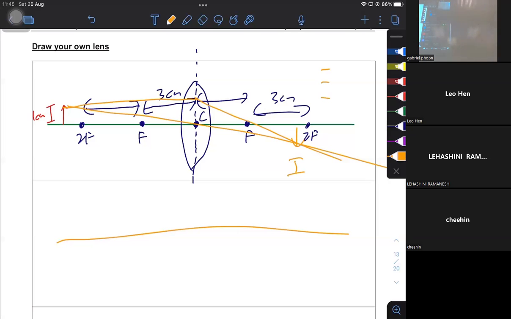Draw the arrow down, tell me the 3 characteristics.